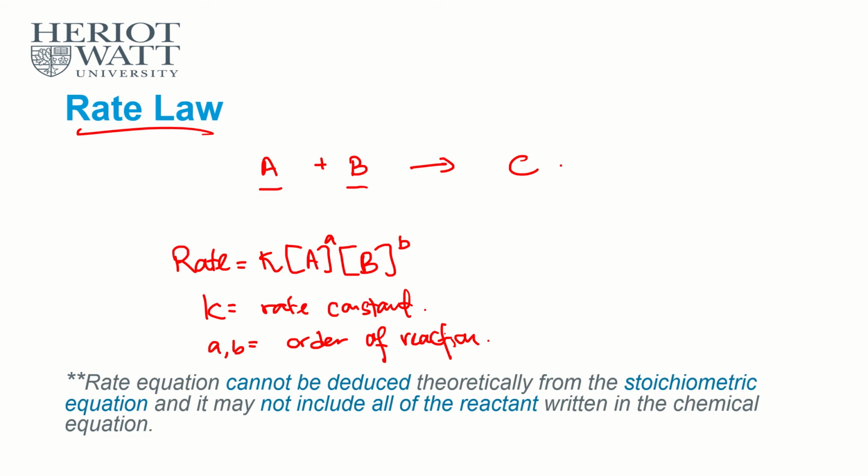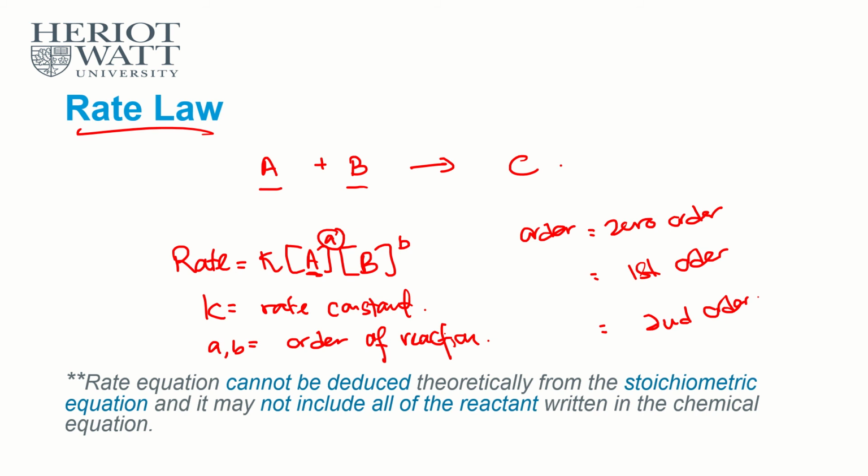But when I increase the concentration of A with a certain order of reaction, that will be different from when you increase the concentration of B. And order of reaction can be divided into zero order, first order, and second order.